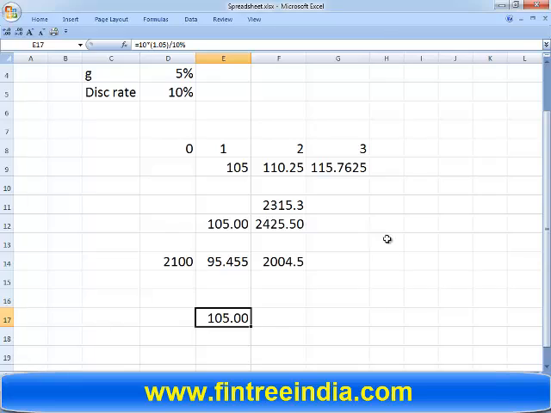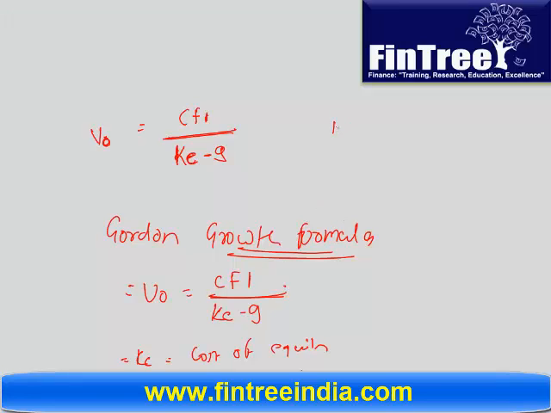Yes, how are we getting 105? We said 10 into 1 plus 5%, which is nothing but whatever is the dividend plus the growth. We are taking dividend of next period, dividend of time period 1, divided by KE minus G. Because if I want to value stock today, I will always take dividend of time 1, cash flow of time 1.